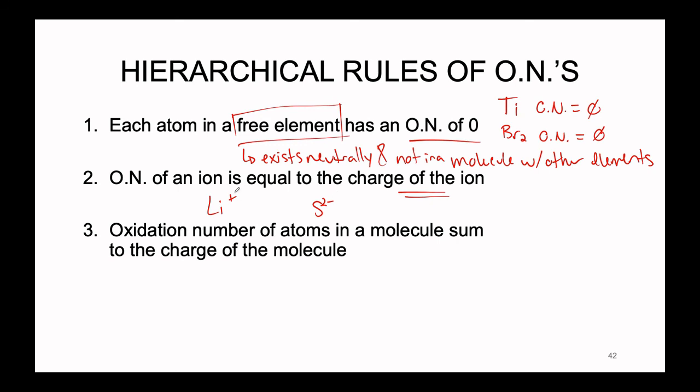The lithium, which has a +1 charge, is going to have an oxidation number equal to +1. Similarly, this sulfide, which has a 2- charge, is going to have an oxidation number equal to -2. So each of the oxidation numbers here are equal to what the charge is on the ionic species, this ionic element, as it exists on its own.